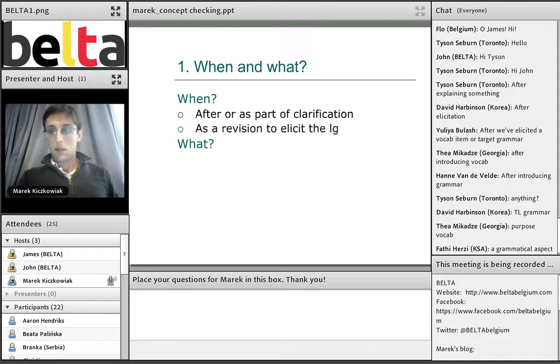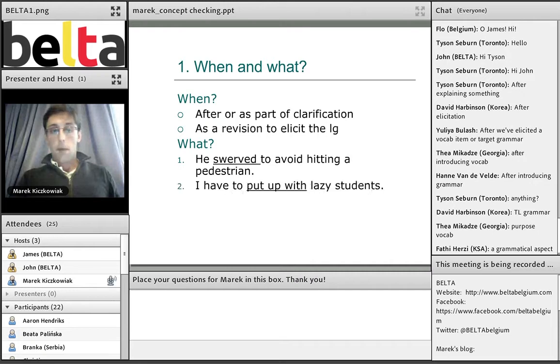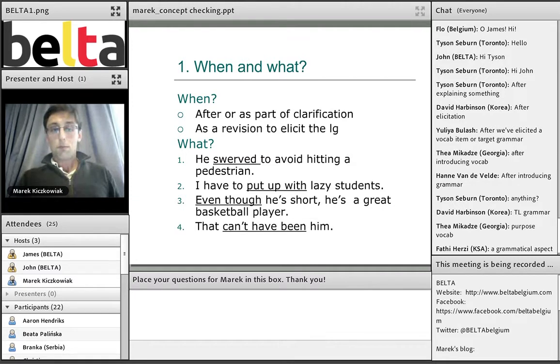The grammatical aspect? Okay, yeah. We can concept check vocabulary, these words to avoid hitting a pedestrian. There can be some phrasal verbs, I have to put up with lazy students, or idiomatic expressions, even though he's shown he's a great basketball player. We can concept check as well those linking expressions, that can't have been him. So some kind of grammar or lexis, not really sure what to call it. And typical sort of what we would think as grammar, I'm going to France next month.